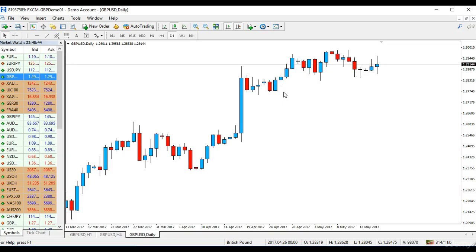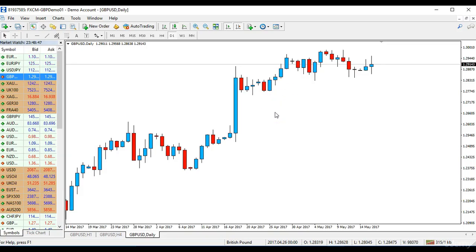Now, what a candlestick does is it tells you the high and the low and the open and the close of what price was doing during that period of time. So here we have daily candlesticks.